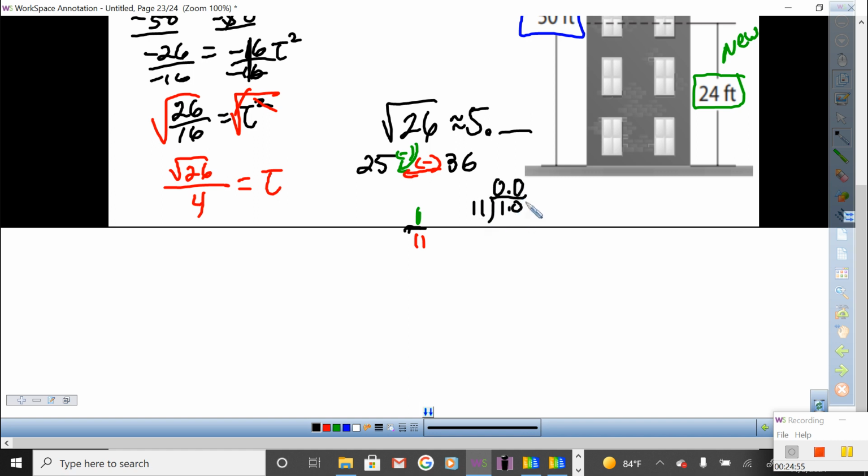Does not fit in 10. Add another 0. Does it fit into 100? Yes. 9 times. 99. And it repeats again. So this is 5.09, approximately. So I would write this as 5 point, I'm gonna round up to tenths, 5.1 divided by 4, approximately our time.